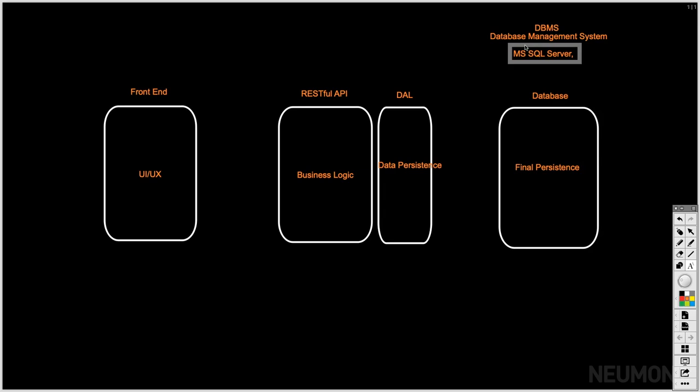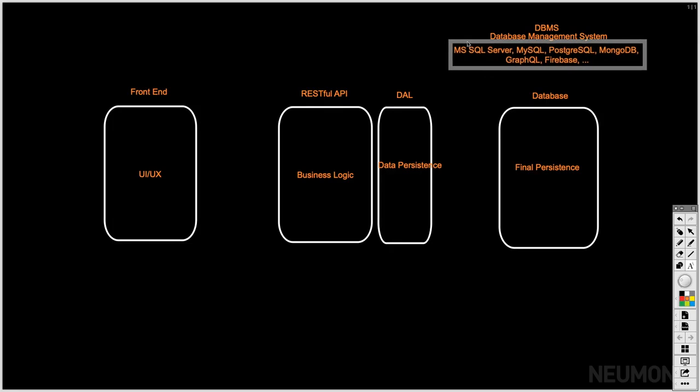It could be MySQL. Could be PostgreSQL. It also could be MongoDB. Could be GraphQL, could be Firebase, and on and on. There are a bunch of different DBMSs out there that manage databases.